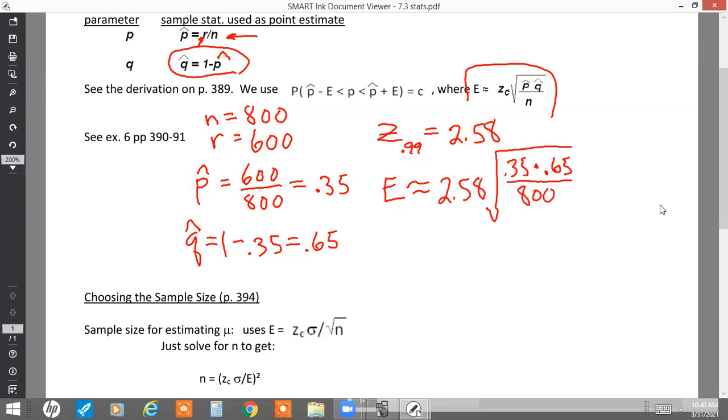And that is approximately 0.0395. All right. And then we do the 0.35 is my p hat.